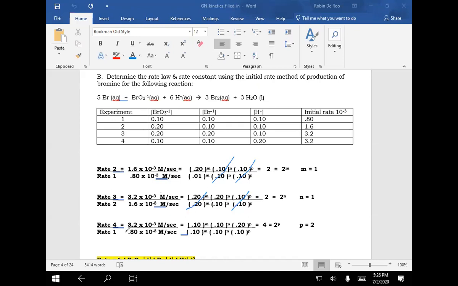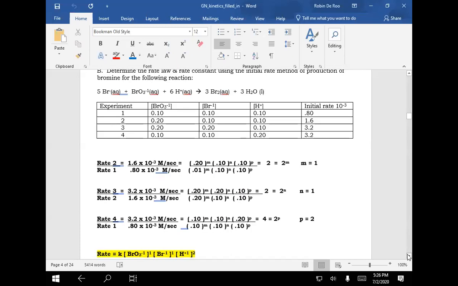And then I'll choose rate 4 over 1. This is going to cancel. This is going to cancel. I'll get 4 equals 2 to the power of p. My p is 2, so it's second order. And that gives us our rate law.